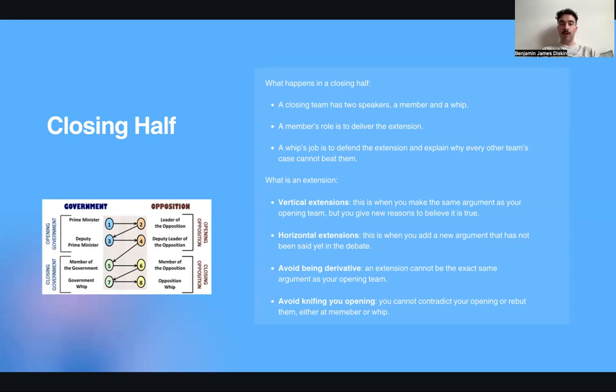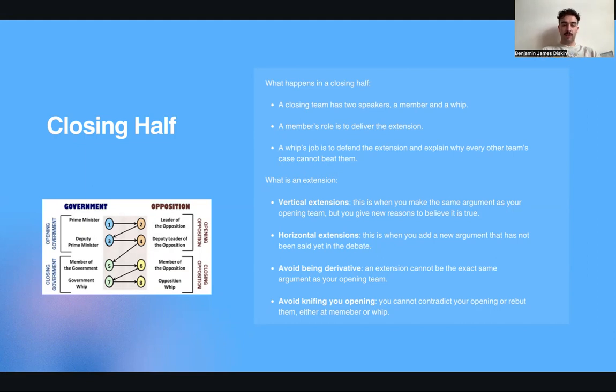The analogy to 3v3 debating is that third speakers cannot add new material because often it is too difficult for the other team to respond to. That's the same principle here. So if you are a closing team and you have an argument that you want to insert into the debate as your contribution, it must be fully delivered by your member.